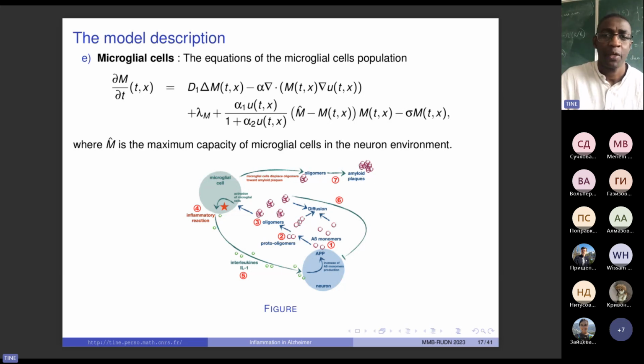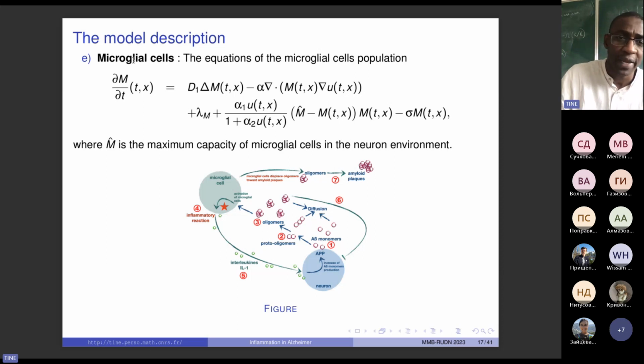So, of course, there is an oriented diffusion, because they don't turn around randomly like here. There is a chemotaxis process that identifies the zone or the area where there are a lot of oligomers, and so they go there, take them, and put them into the plaque.